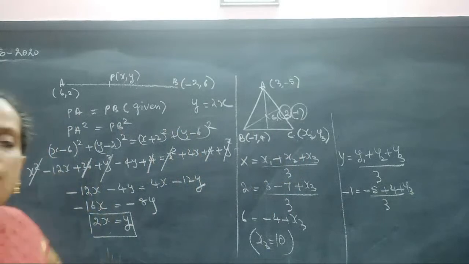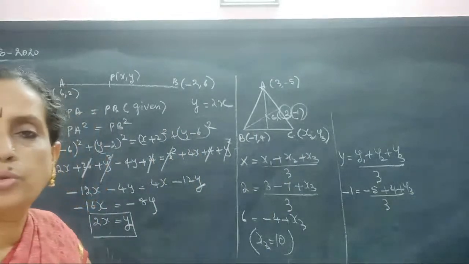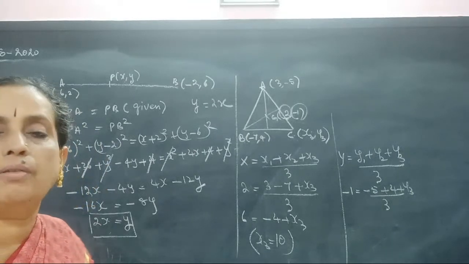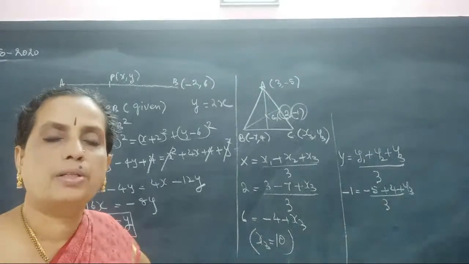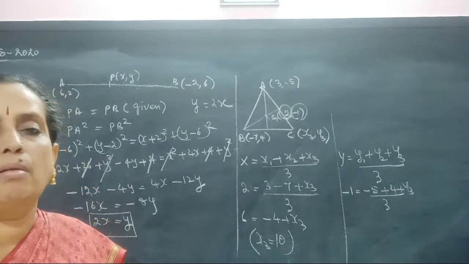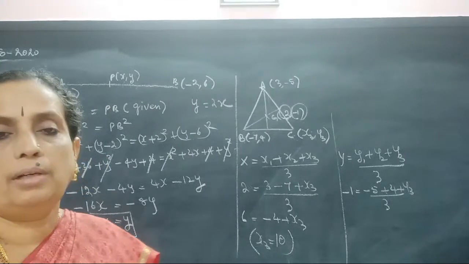So what is y3? Minus 2. So at the end you write the coordinates of the third vertex C is (10, -2). Yes, Vagdevi, you are right. (10, -2) is the coordinates of the third vertex.